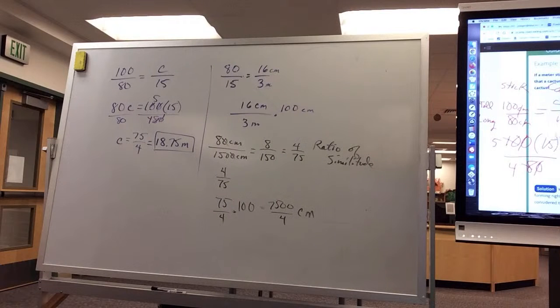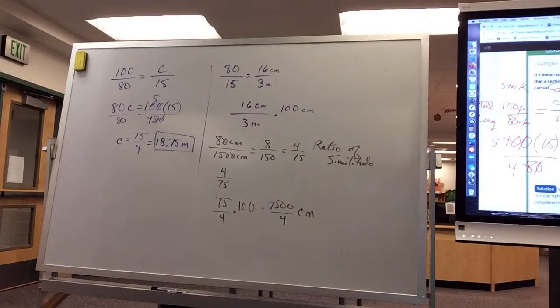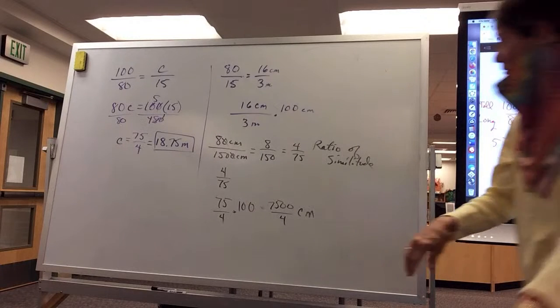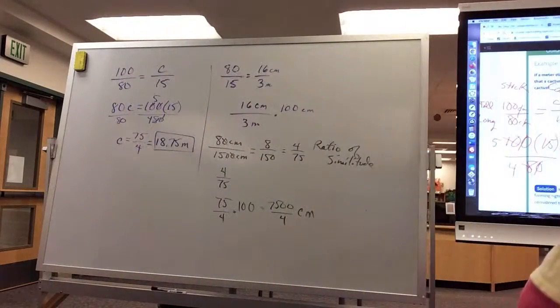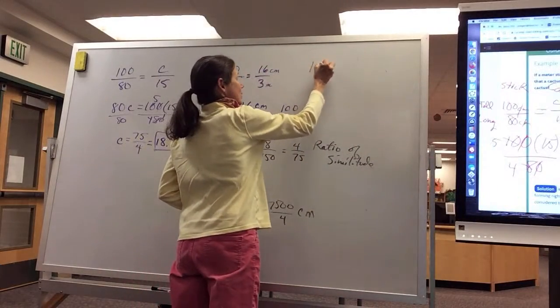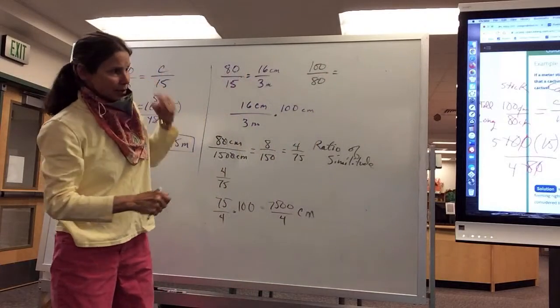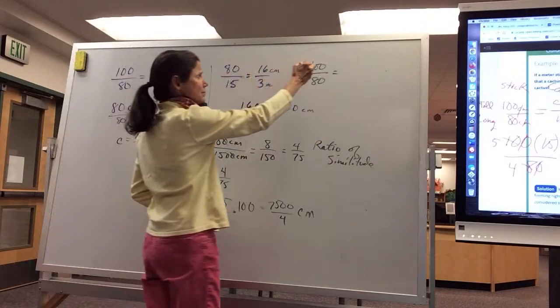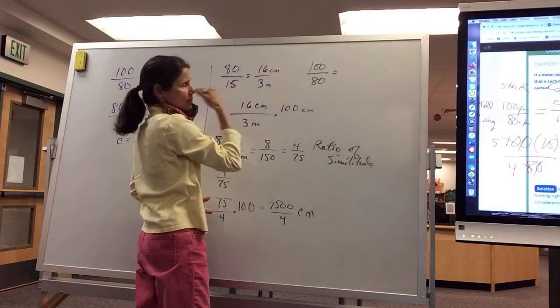You want to erase this? No, if I may, I'd like to clarify how you could have used the 100/80 thing. It's the height to the base of the smaller triangle.